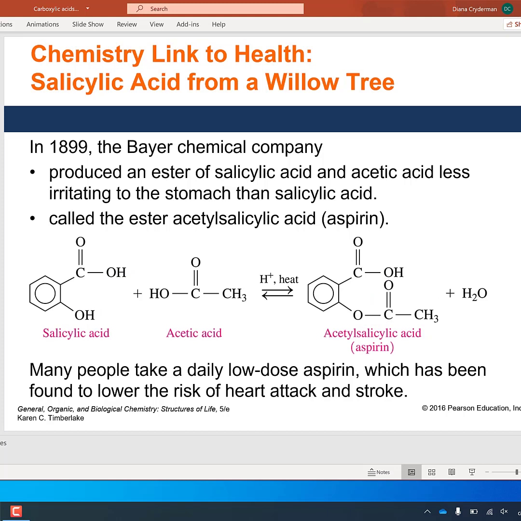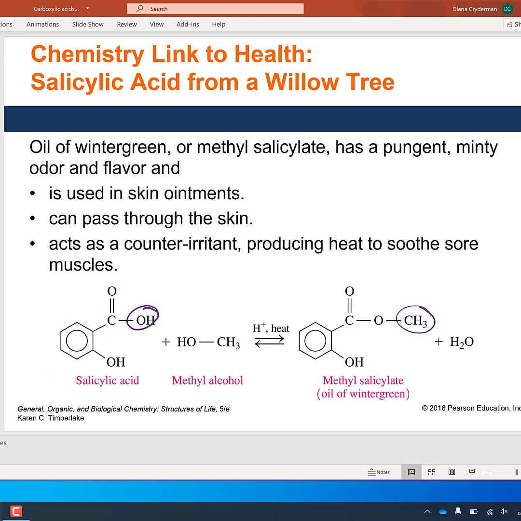We can make aspirin, shown here, or we could start with salicylic acid, join methanol, and make wintergreen oil. So pretty cool little chemical.